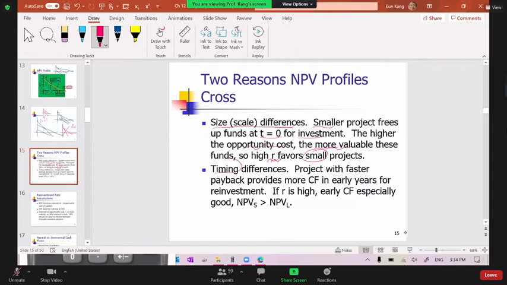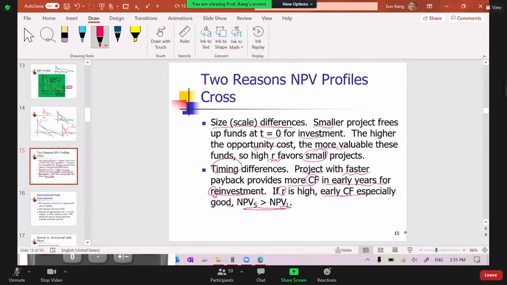And also timing difference. Projects with faster payback provide more cash flow in early years for reinvestment, right? So if R is high, early cash flow is especially good. So that's why net present value of S is greater than net present value of L. If R is the discount rate and it is high, distant cash flows will be discounted heavily.